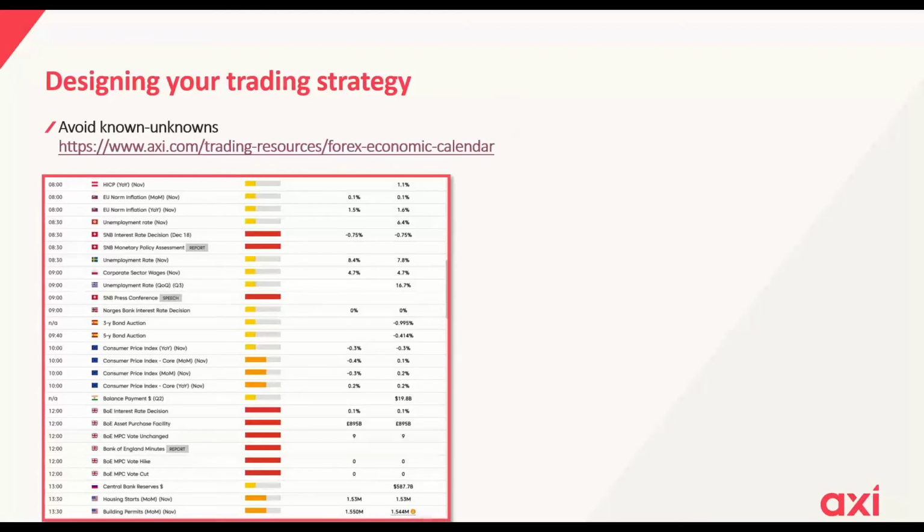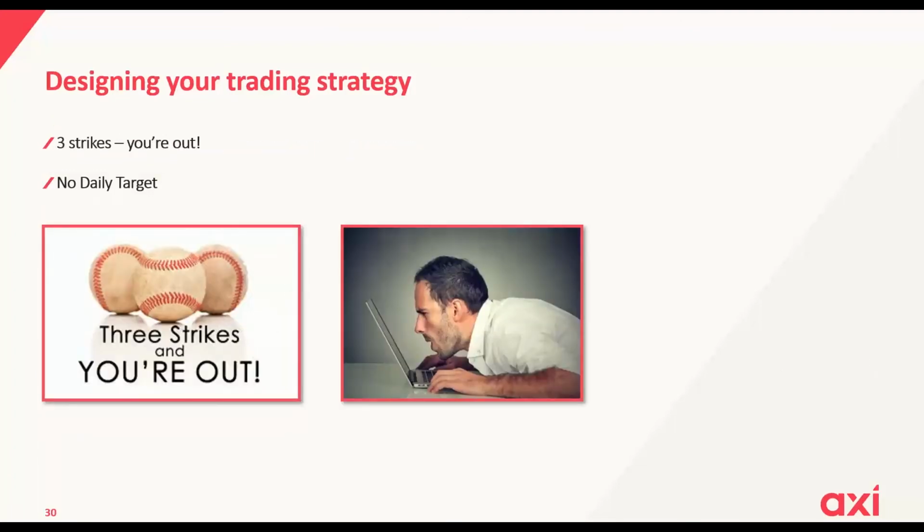Now, this is where it gets a little bit more exciting. Let me see if I can show it for you here. There is one rule I go with, and that is 3 strikes you're out. Meaning that if you trade in a day and you have the first loss, the second loss, and 3 consecutive losses, I would stop trading for the day.